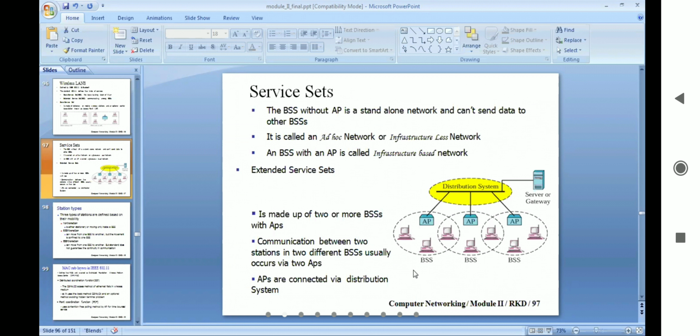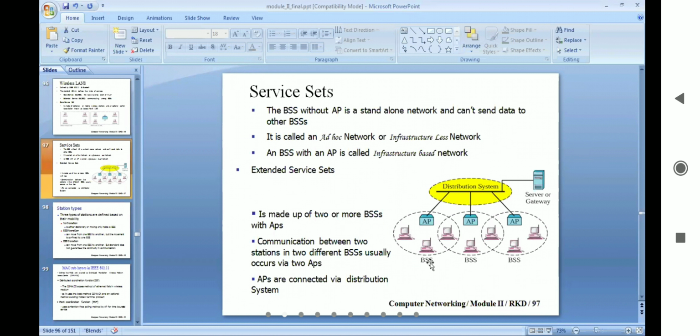They have to connect through a distributed system, and this distributed system is connected to a server or gateway. Distributed means all the access points are connected to a router or a switch, and this switch is connected to a server or the gateway.